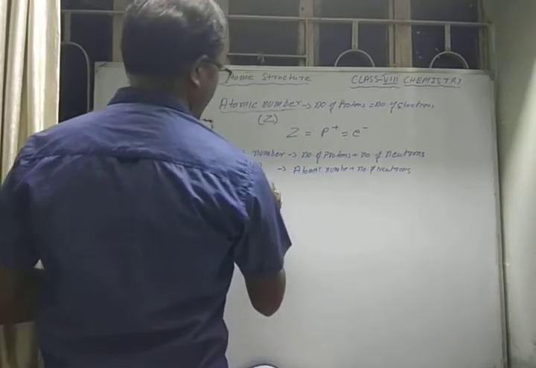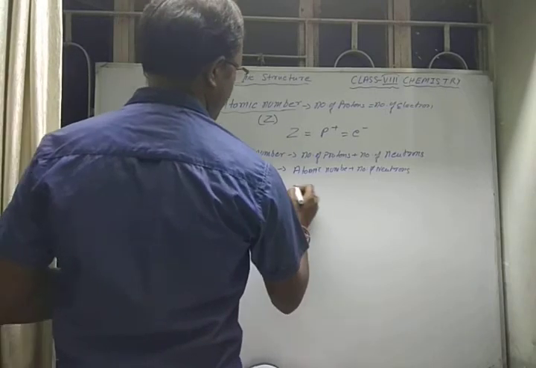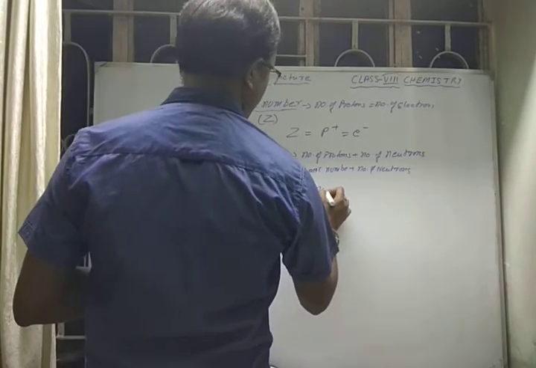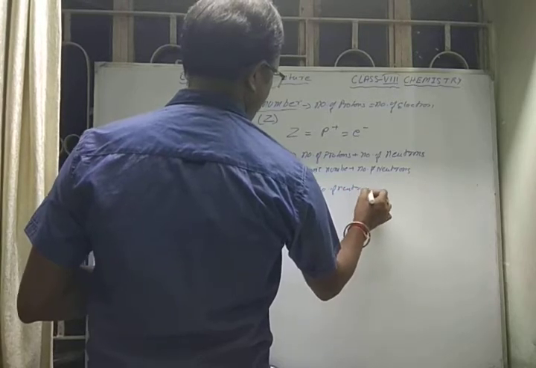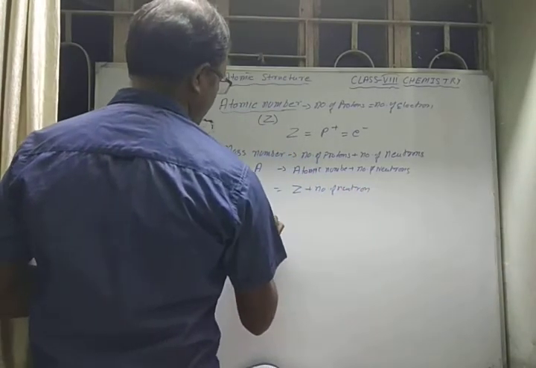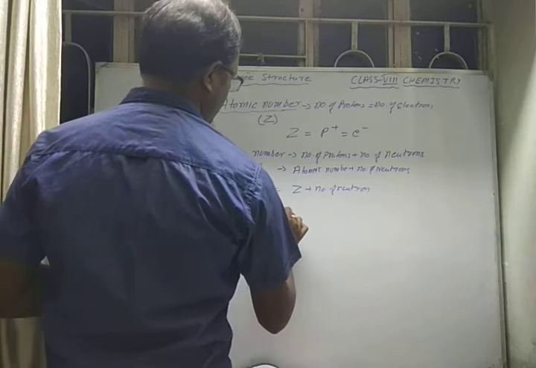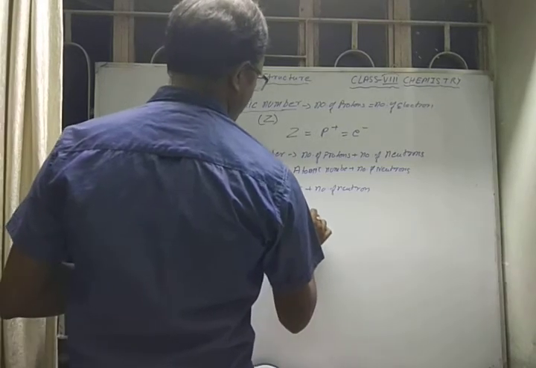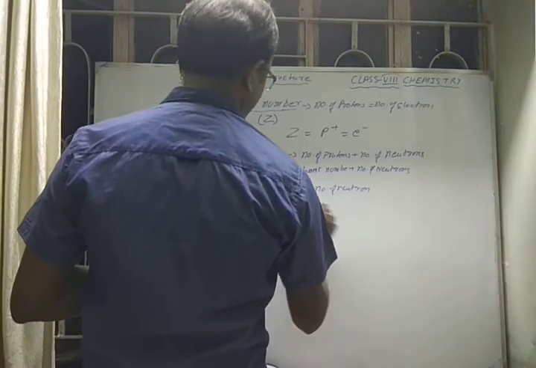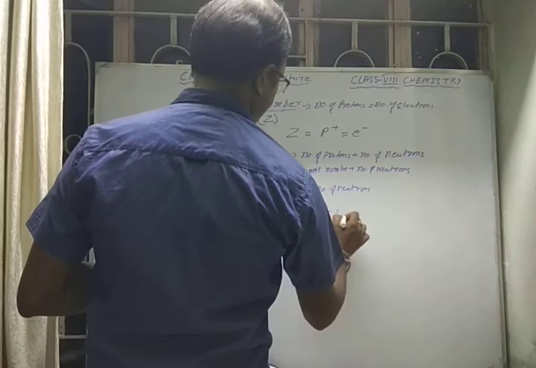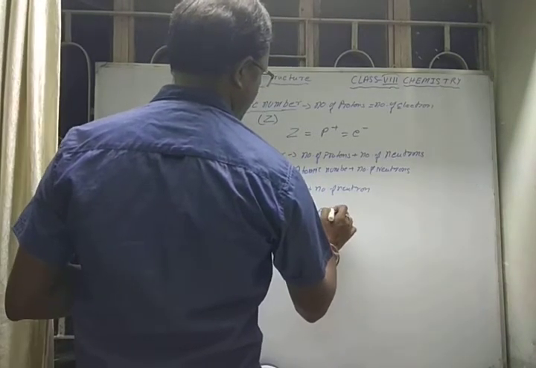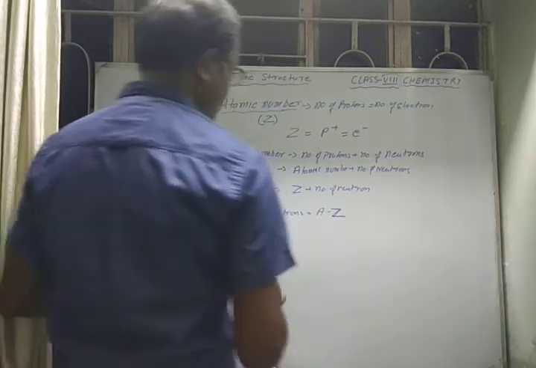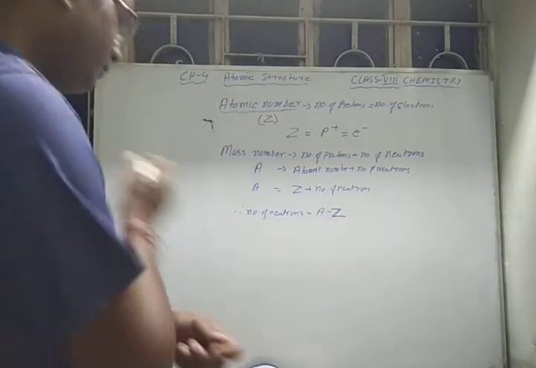Therefore the number of neutrons is equal to A minus Z.